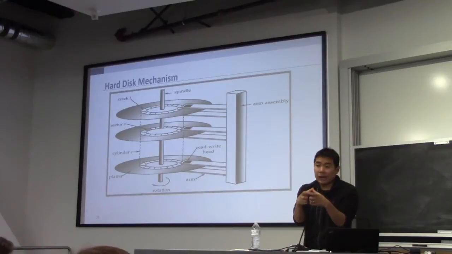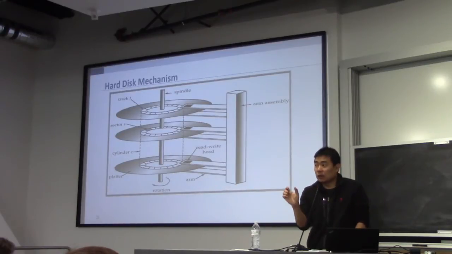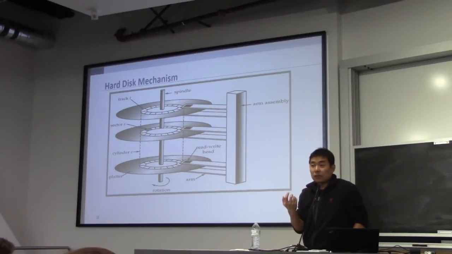Now each track is further divided into what we call multiple sectors. So each of this is a single sector, by the way. Sector is the smallest unit on a hard drive disk. Typical size for a sector is 512 bytes.